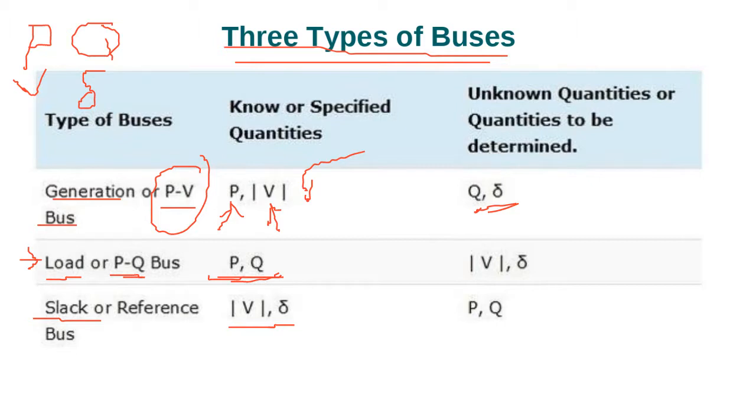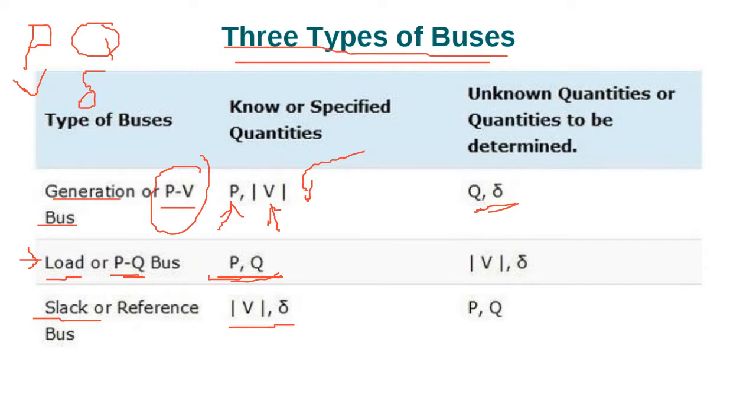We need the voltage of the bus, and at what angle, the angle of the voltage, of course. And then what's the power through this bus, whether it is out, in, whatever. Load bus: load P and load Q.